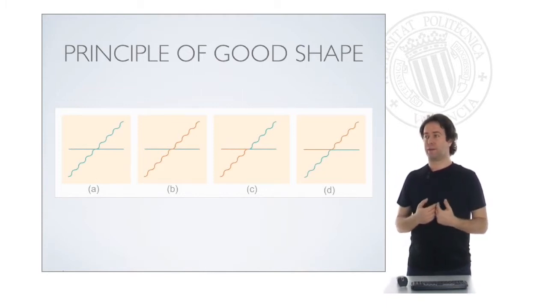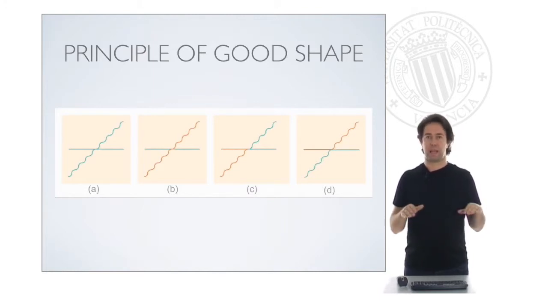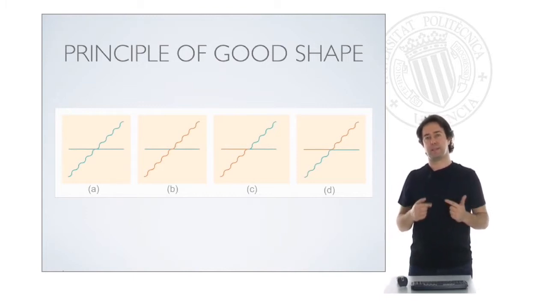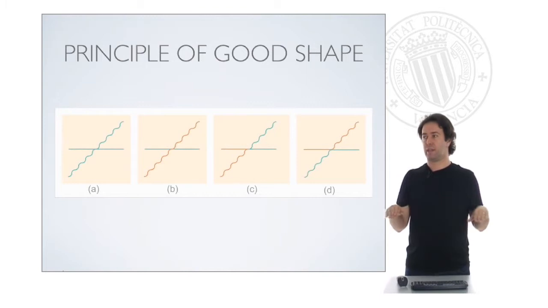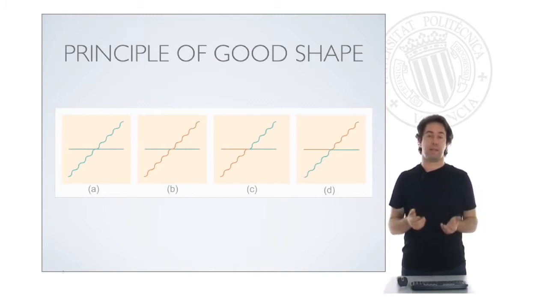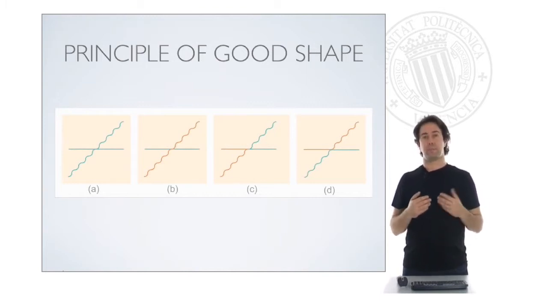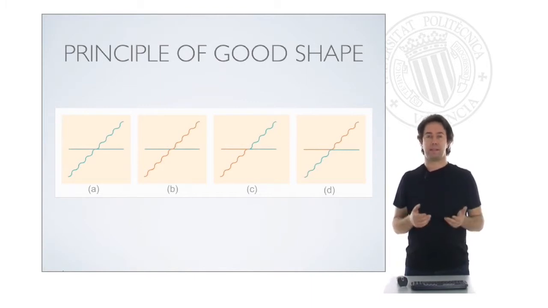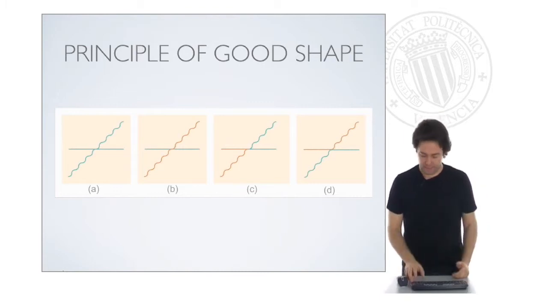A straight line or a curved line is a much better known shape than this combination of straight and curved. Since it's easier for us to understand that these are the two elements, that's what we do. So the principle of good shape says that when a figure is ambiguous, we tend to assimilate the elements to already known shapes. That's the idea.